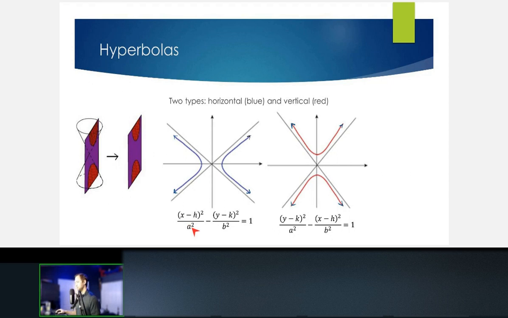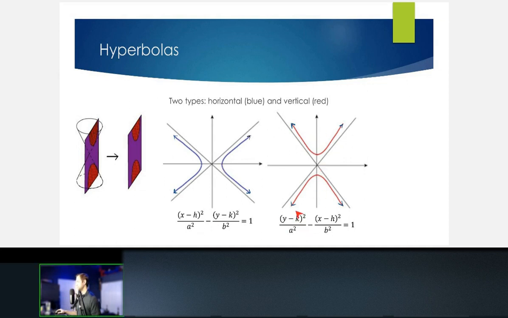A is the distance from the center to a vertex. So because this one opens up left and right, we know that because x is first, from the center to this point here, that is the distance of a. Same thing for the vertical one.